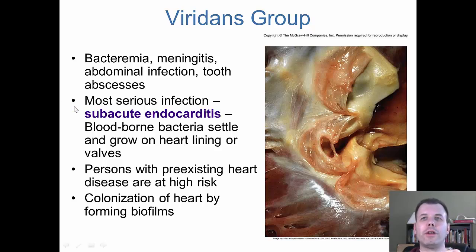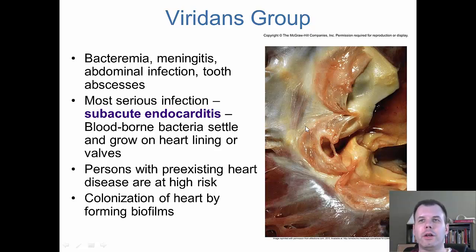Again, the most serious infection is subacute endocarditis. And again, what happens when you have situations where you have blood vessels, your veins and arteries, exposed and bleeding gums, is these bacteria can get in and go right to the heart. And what they do is they form biofilms on the heart, destroying the tissue of the heart and the valves that are associated with it.